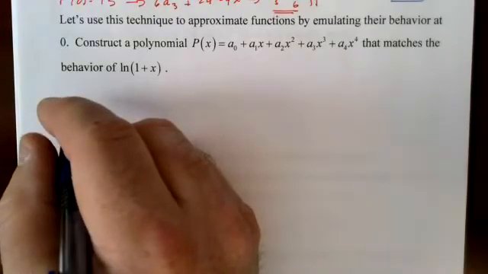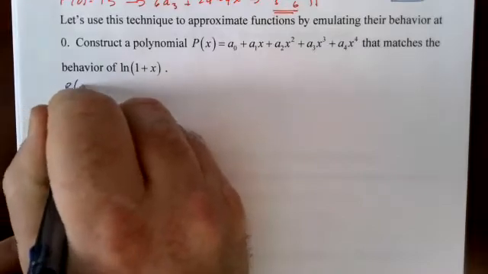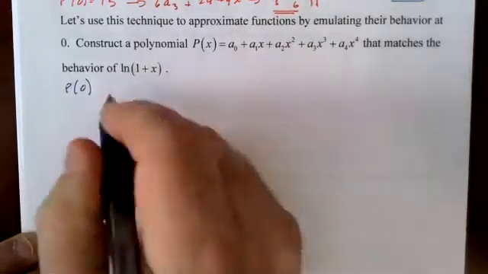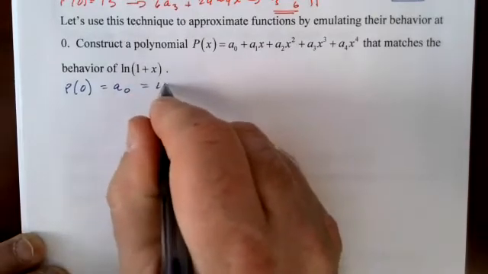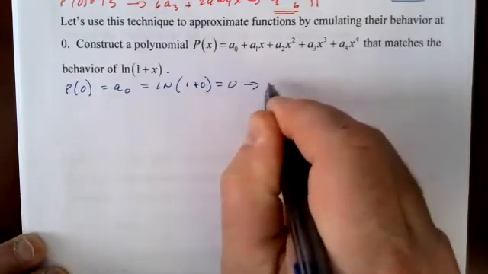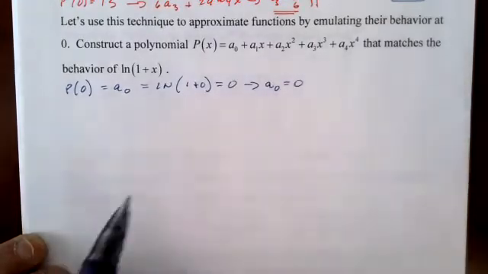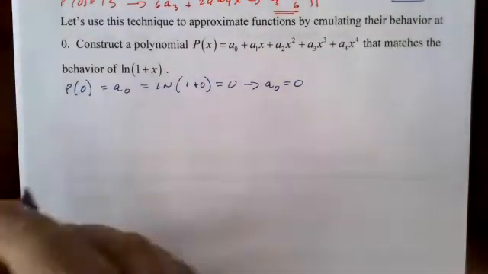So here we go. Let's see, I gotta do a bunch of derivatives if I'm not mistaken. Well, not yet. Plug in 0 and I get a0. Plug in 0 and I get ln of 1 plus 0, which is 0. a0 is 0. That was weird. Okay.